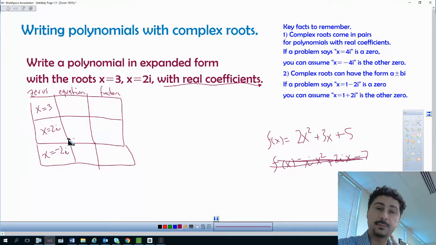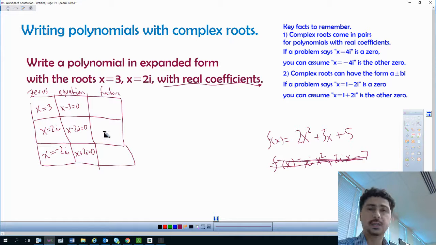So this is very important. In the problems I give you in class, I've given you the plus 2i and the minus 2i, so it always works out nice. But on the district final, they're not going to do that. They're only going to give you one of them, and you have to come up with the other. So you've already learned my strategies about x minus 3 equaling 0, and you've learned x minus 2i equals 0, and you've learned x plus 2i equals 0.